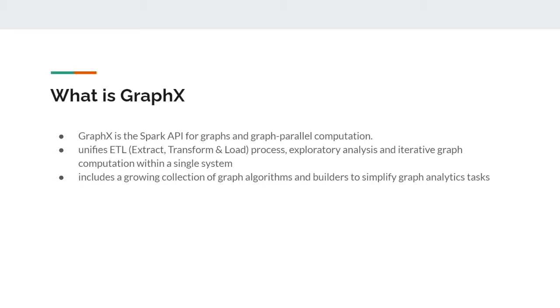It supports extract, transform, and load processes, exploratory analysis, and iterative graph computation within a single system. And in it, there's a growing collection of graph algorithms and ways to build graphs supplied to the user. We'll go into more detail on these through the presentation.